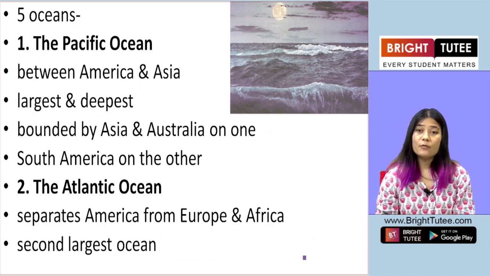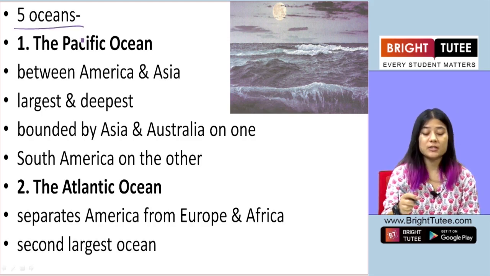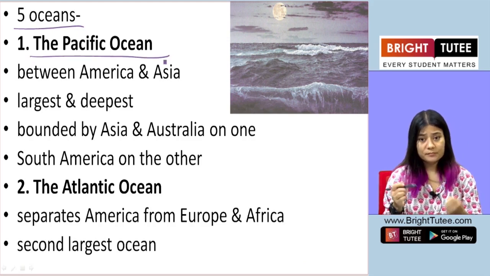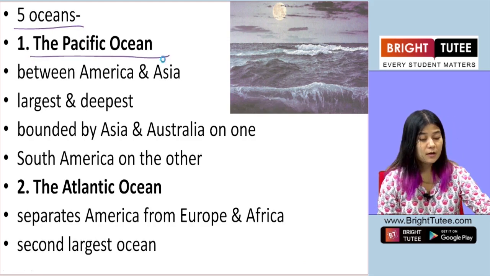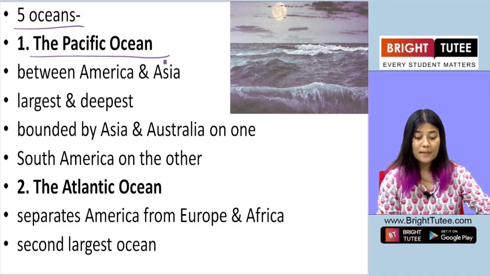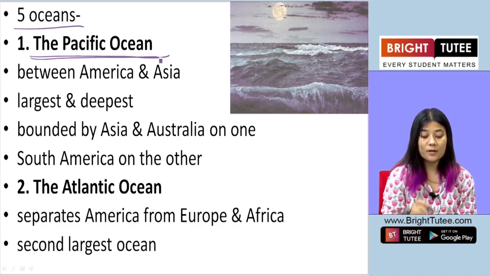In the world there are 5 main oceans, and they are Pacific Ocean, Atlantic Ocean, Indian Ocean, Arctic Ocean, Antarctic Ocean. Let's look at them one by one. Let's look at the Pacific Ocean.